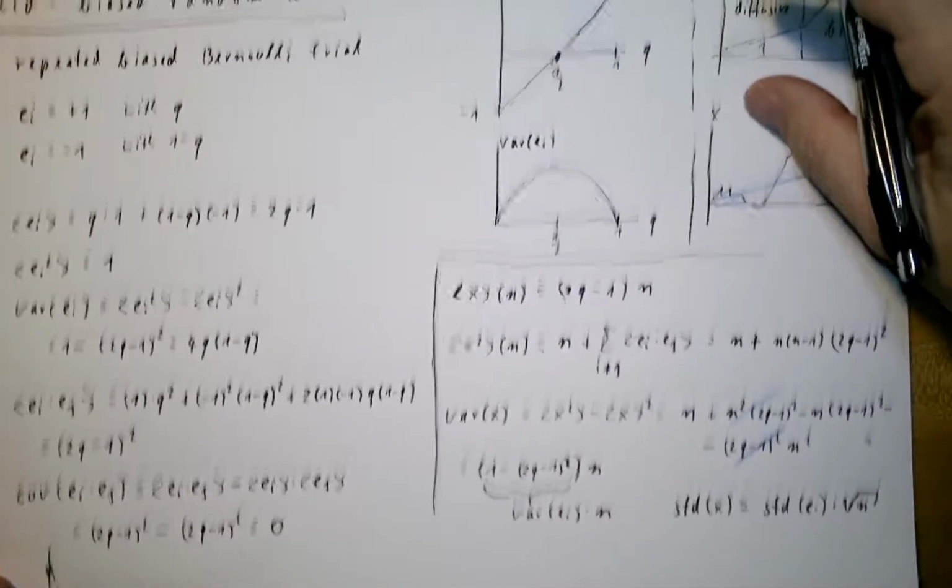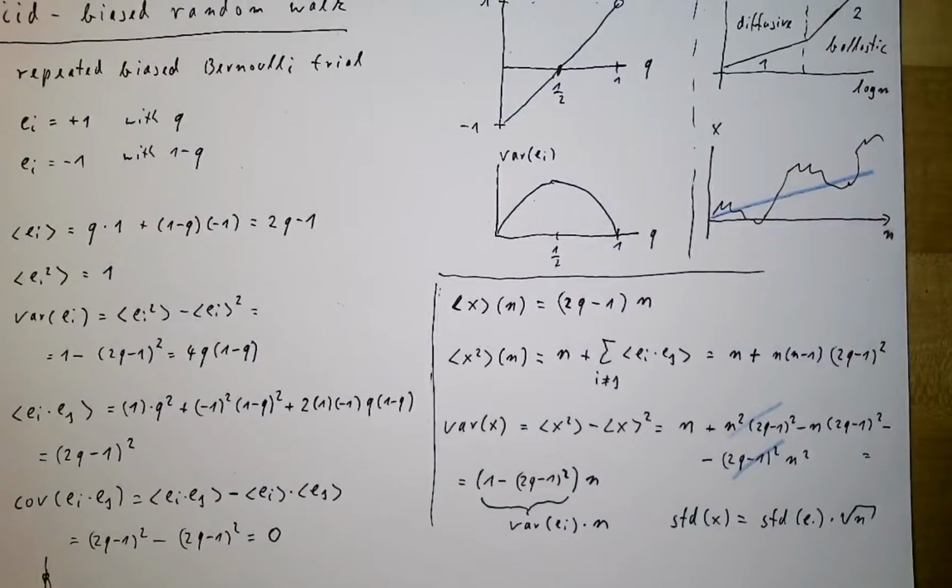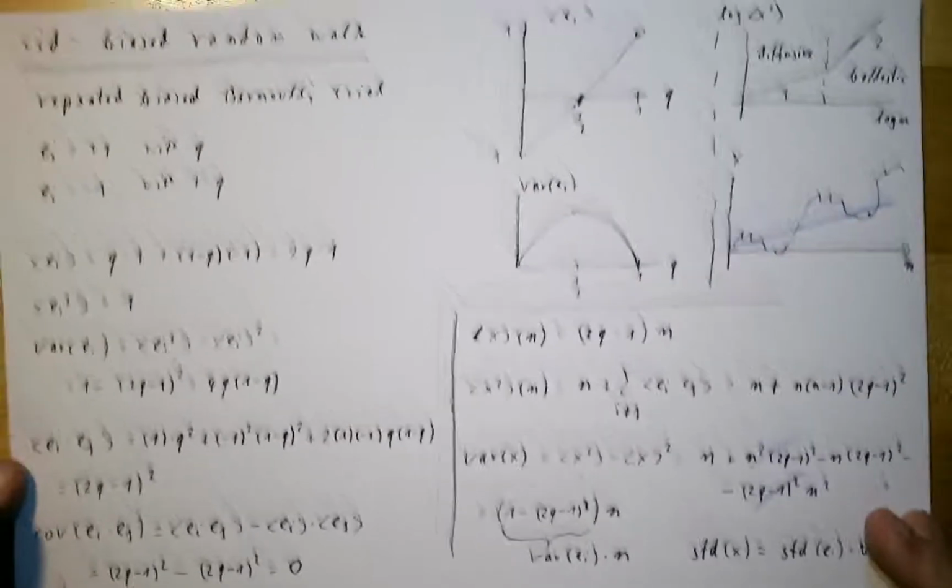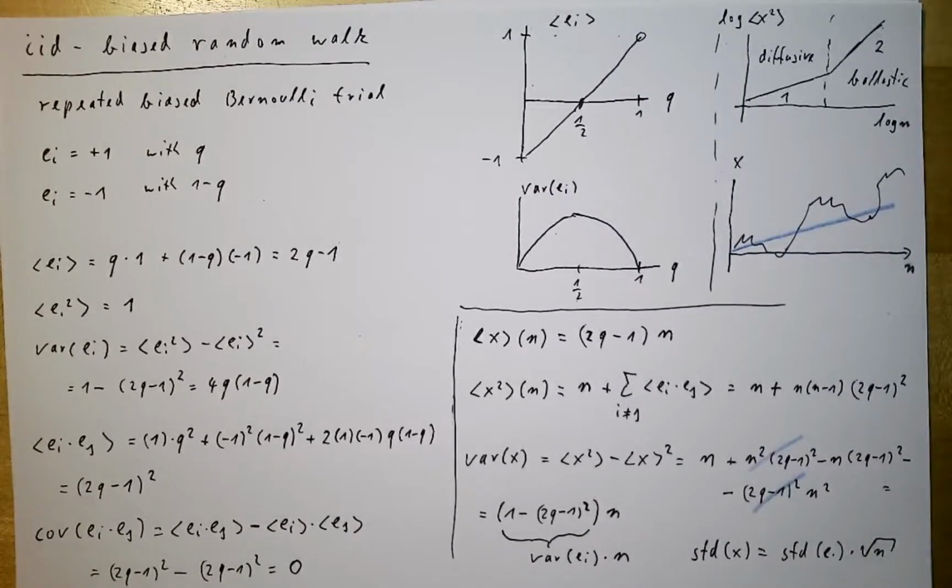So this means if we want to calculate mean square displacement, and we are not sure if we have a biased walk or not, we always have to calculate the deviation from the mean, so we have to calculate the variance. And only if we have an unbiased walk can we forget about this.